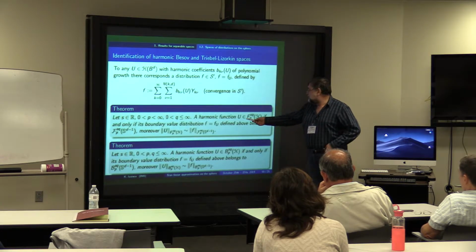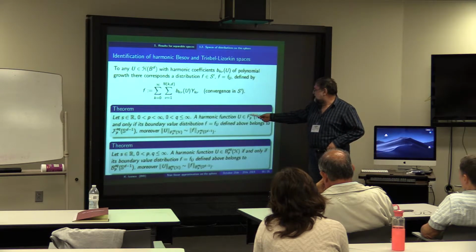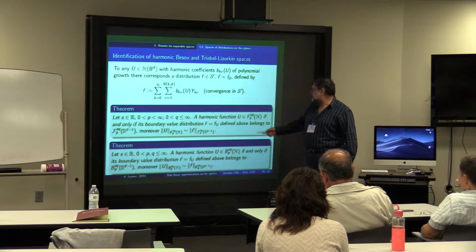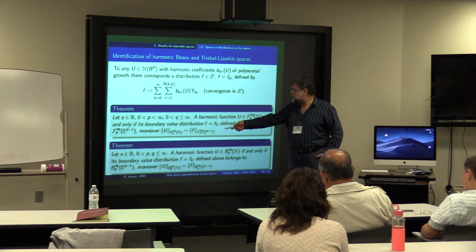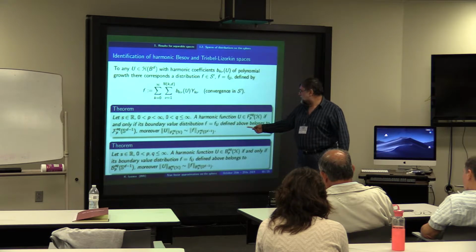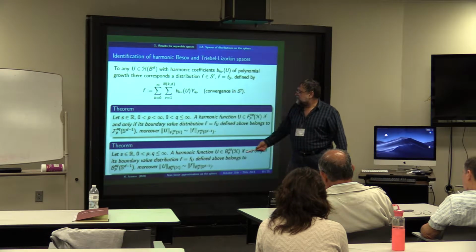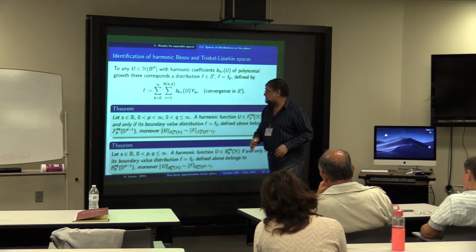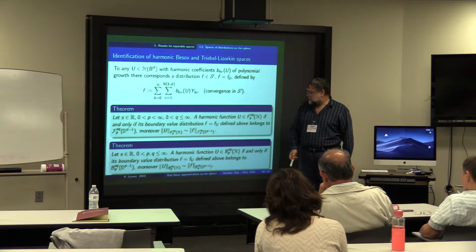A harmonic function from the Triebel-Lizorkin space, with all parameters f, s, q, p given there, belongs to this space if and only if its boundary value distribution, defined by this formula, belongs to the corresponding Triebel-Lizorkin space on the sphere, with equivalent norms.